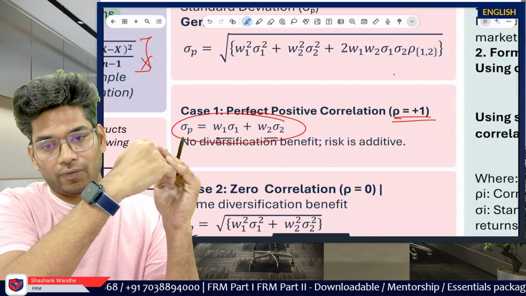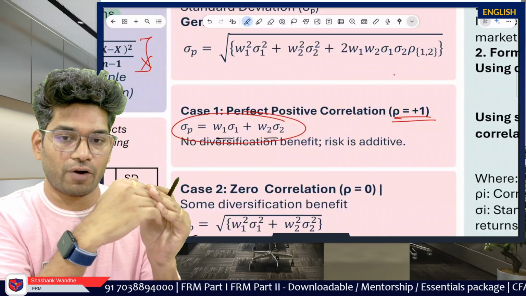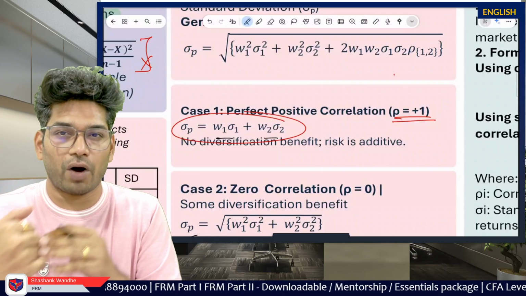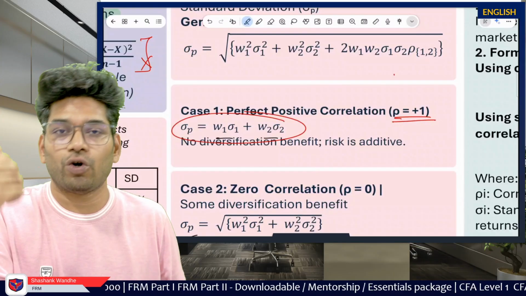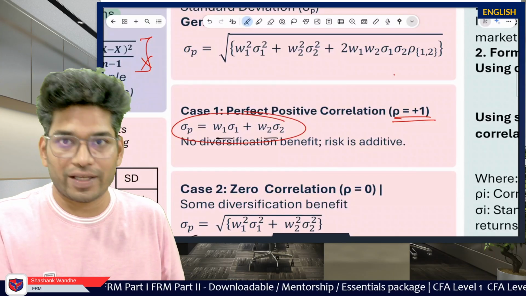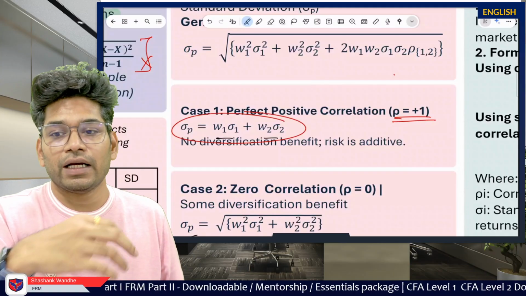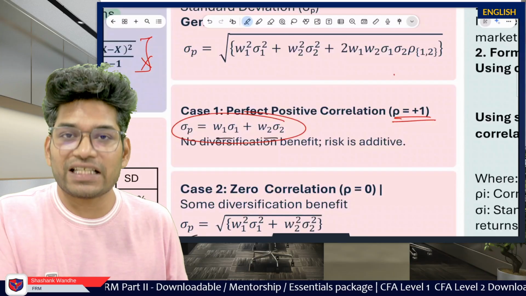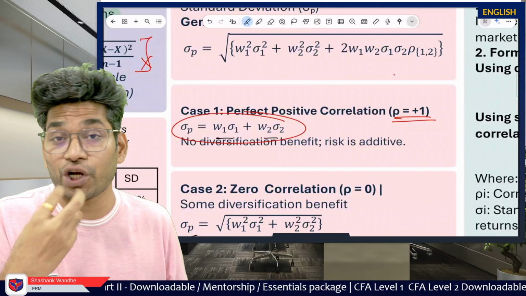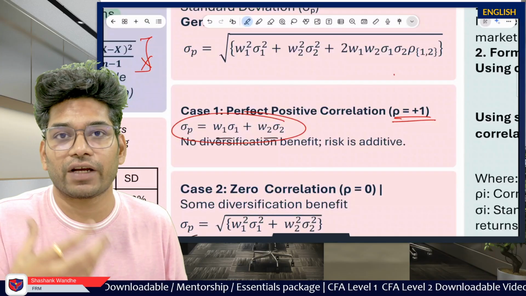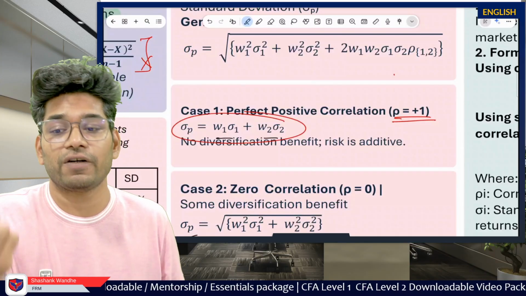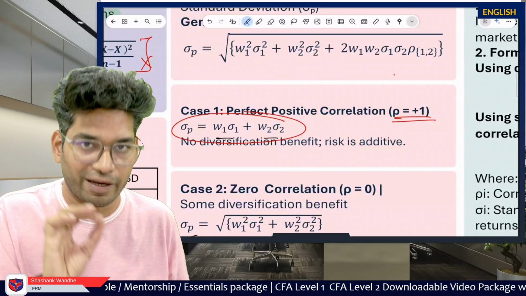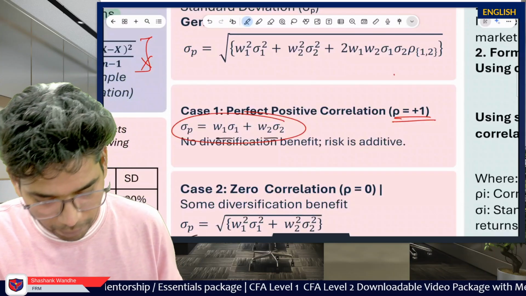And when you start lowering this correlation from +1 to, let's say, 0.8, 0.7, 0.2, 0, -0.2, -0.4, and so on till -1, your diversification benefit will increase, and this increase in the diversification benefit will ultimately result in a lower standard deviation of the two asset portfolio.